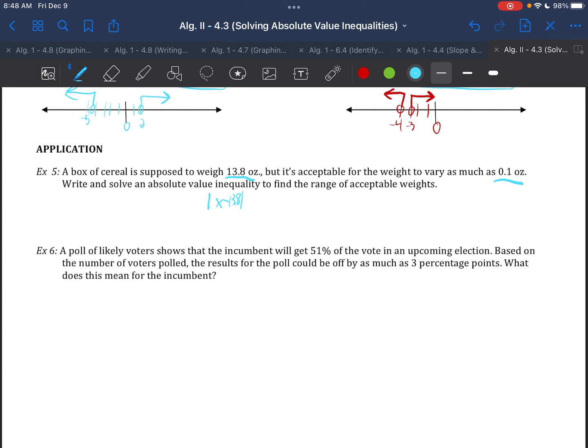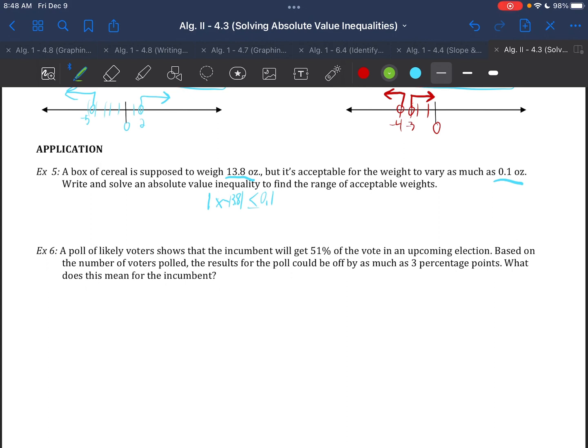We take that and subtract the target number we really want to hit, the 13.8 ounces. And we say, okay, how far off can it be? No more than or as much as, so it has to be less than or equal to 0.1 ounces, or 0.1. And that would be our inequality.